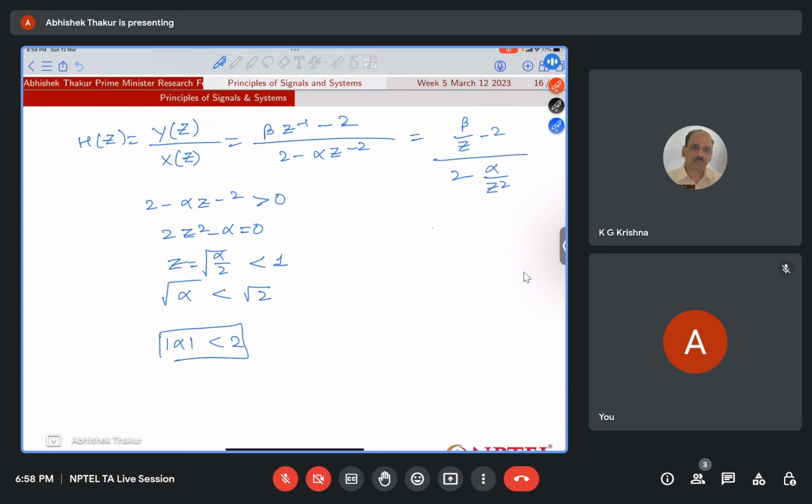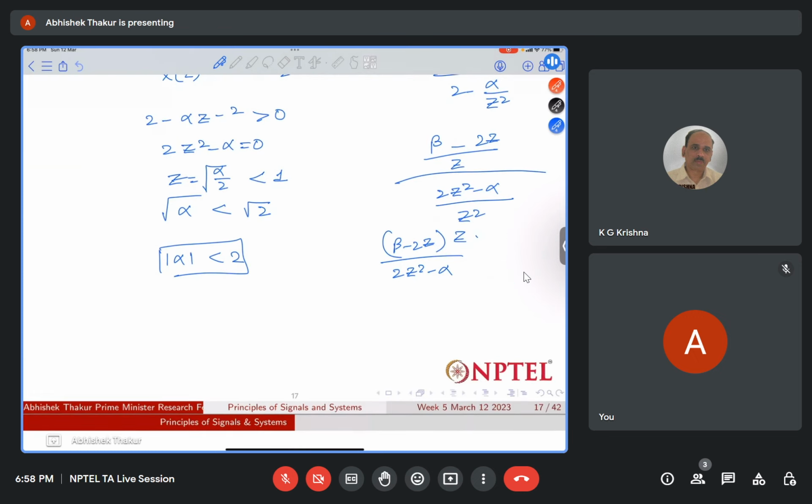So we will get beta minus 2z. So this z squared will go up, so it will become z.